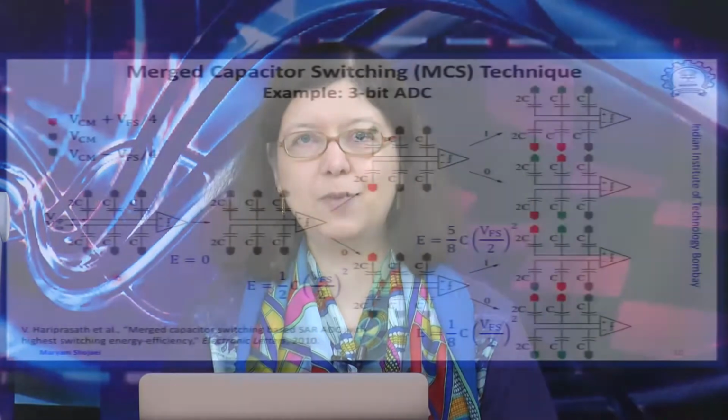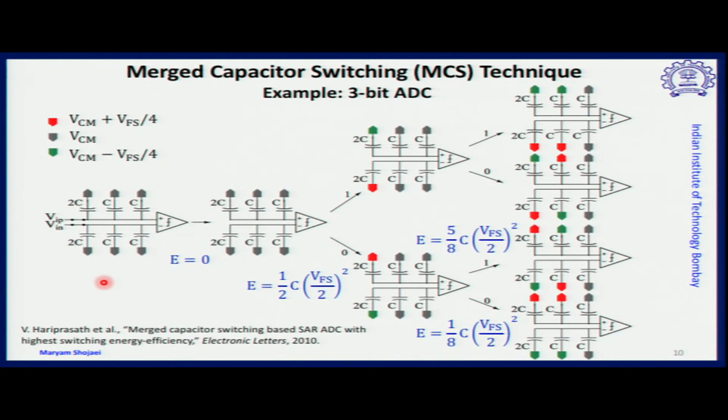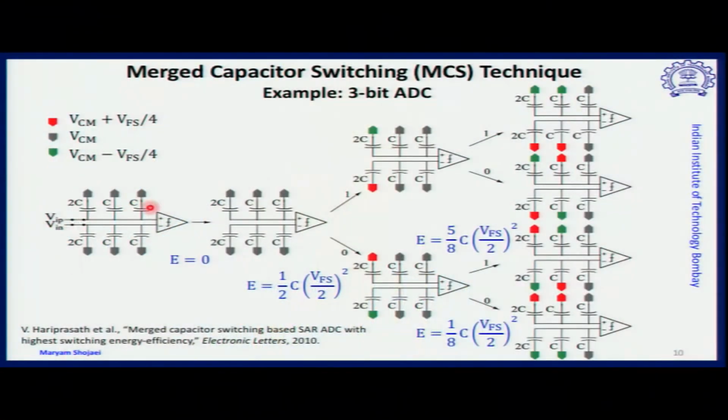So what is the advantage here? Because initialization is performed at VCM, the variation of the voltages is not all the way from minus V full scale by 4 to plus V full scale by 4 or vice versa. It is actually from VCM to these levels, and therefore energy consumption reduces. So first, all capacitors, just like in the monotonic switching, are connected to VCM, but VCM, not the reference levels for the DAC.